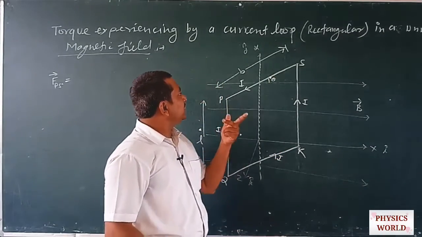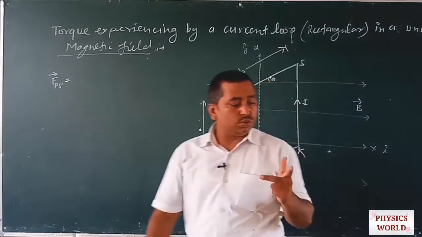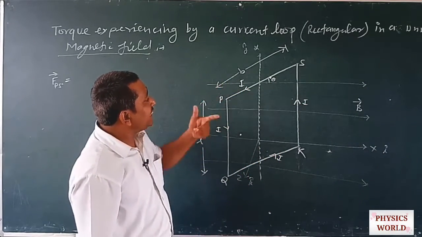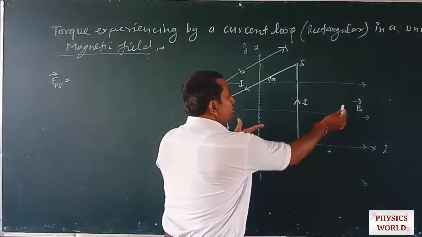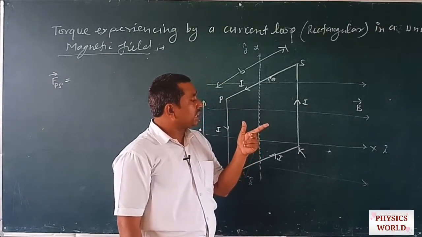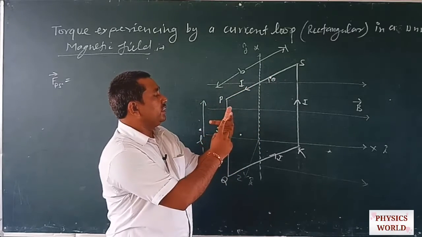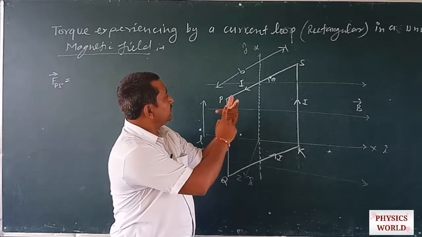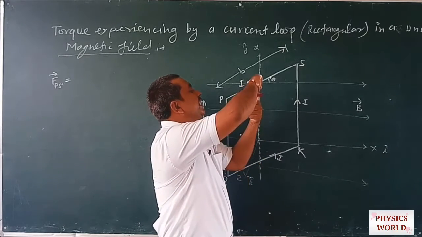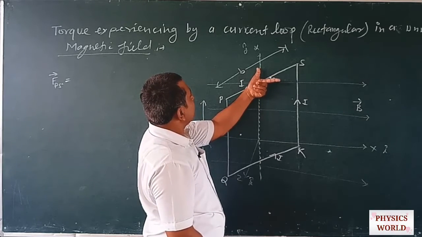If we stretch our fingers like that, according to Fleming's left hand rule, we indicate the direction of the magnetic field with our forefinger, and the direction of the current flowing through the wire with the middle finger, then the thumb indicates the direction of the force experienced by the current loop.